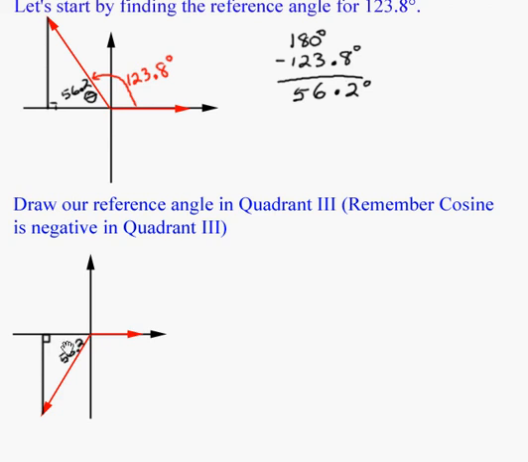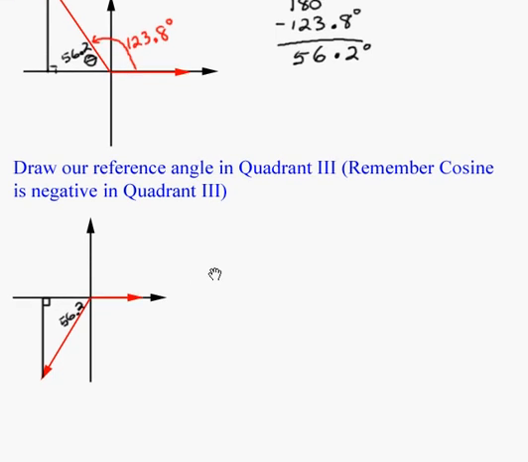This reference angle must be 56.2 decimal degrees. And the question is, how large is this angle going from the initial side to the terminal side? And the question we need to answer to get that is, how far past 180 degrees is this terminal side? So that's our mystery angle.